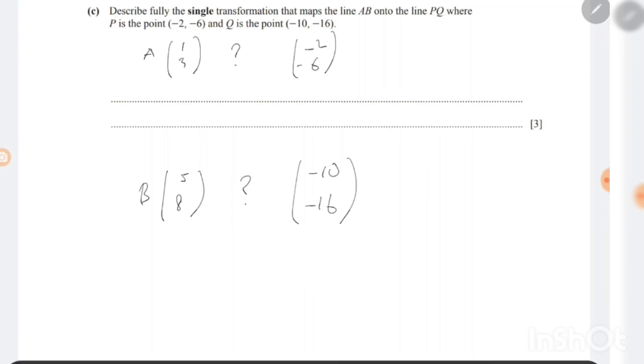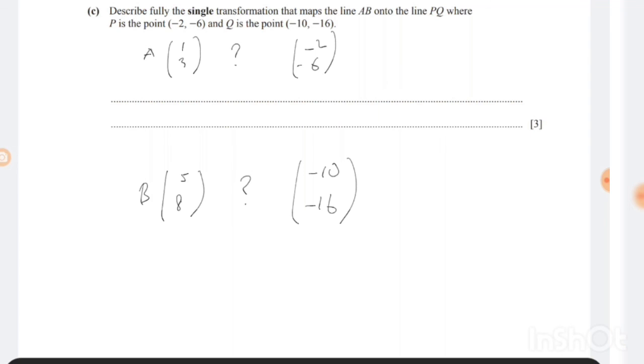By looking at this, it cannot be a reflection, because when you reflect about a line, either y or x doesn't change, but here everything changes. So it means you enlarge with the scale factor negative 2.